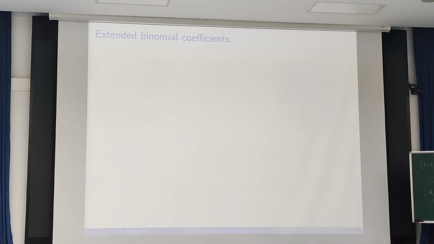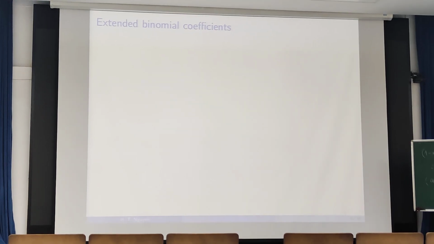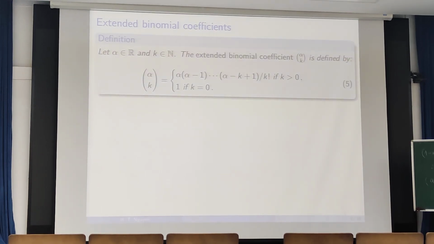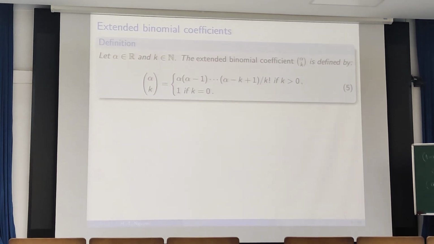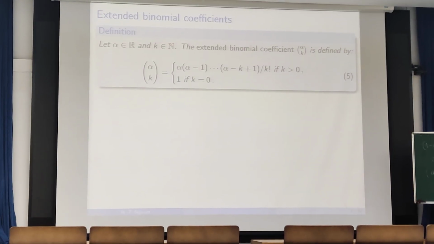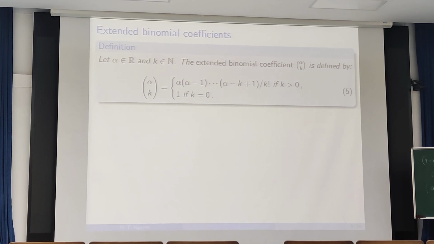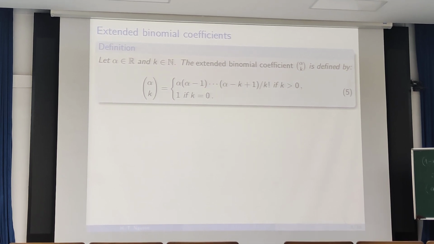So here we will see how we can extend the binomial formula for general exponents. Okay, so in the binomial formula we have binomial coefficients. So in order to find the general binomial formula, or extended binomial formula, we need to first define the extended binomial coefficient.